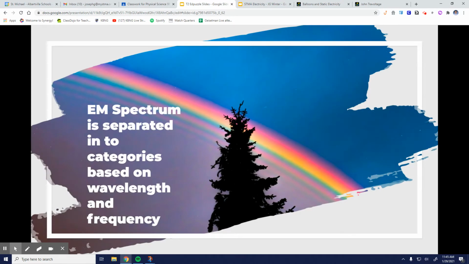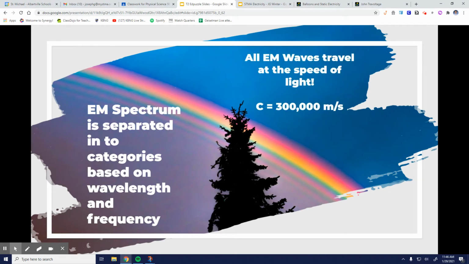So the EM spectrum is separated into categories based on their wavelength and frequency. The farther to the left on that spectrum, when we looked at the picture, the longer the wavelength and the smaller the frequency. But as we continue to move on, they get stronger and stronger and stronger. The frequency gets higher and the wavelengths get really, really small.